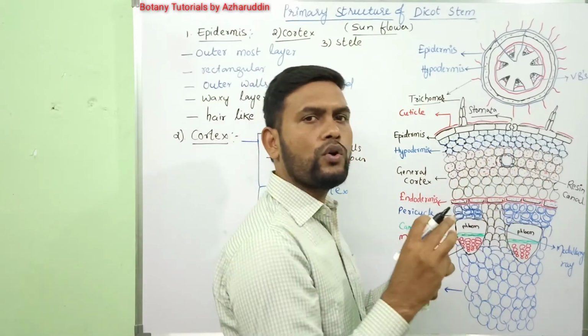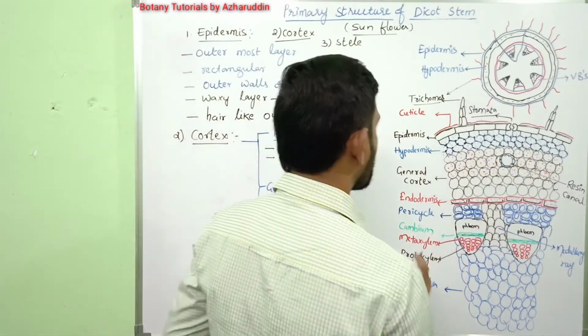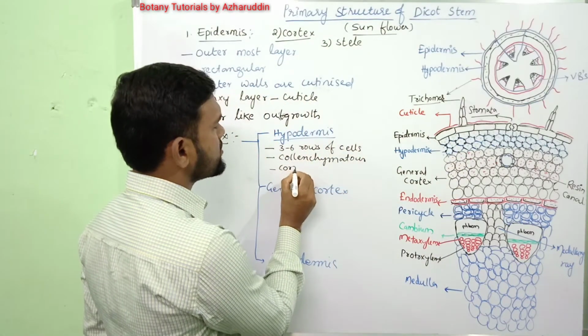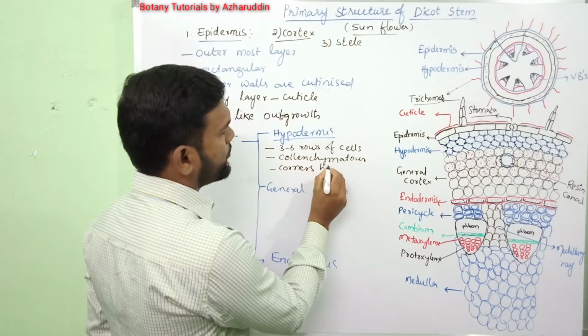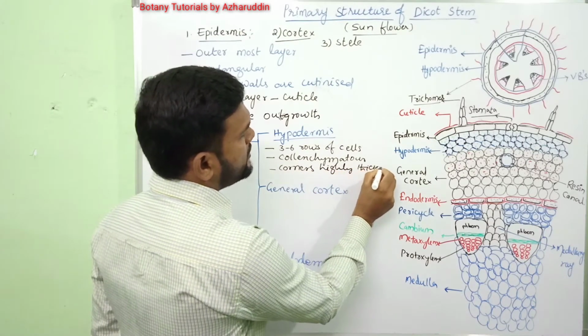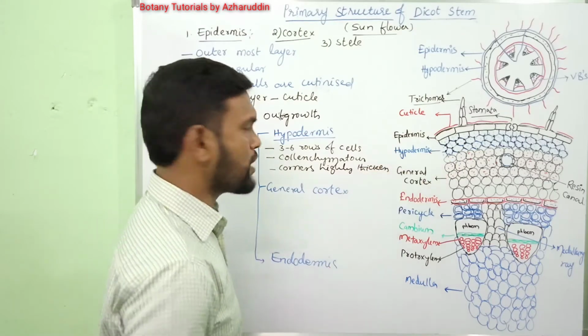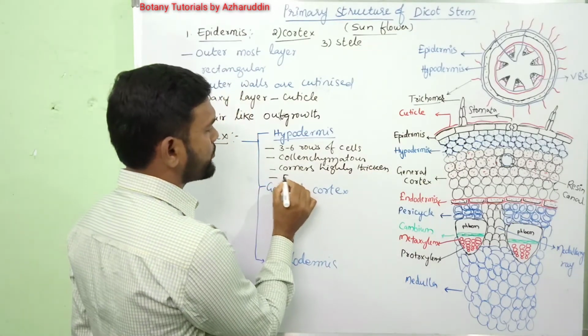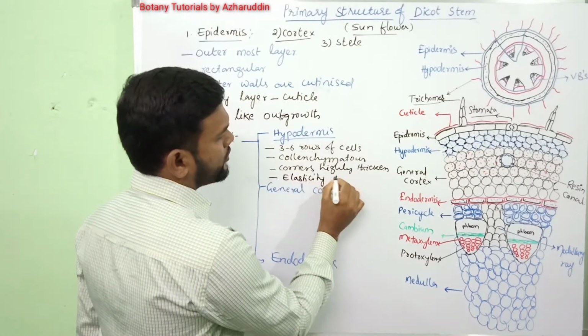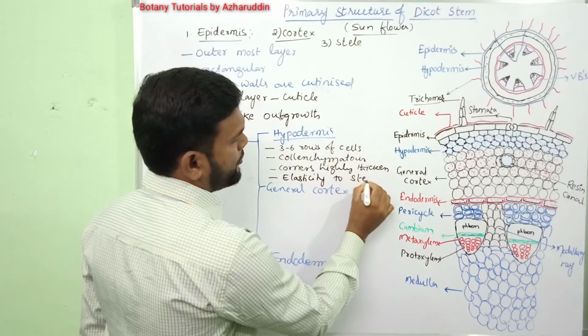There are no spaces between the cells, and their corners are highly thickened, and this hypodermis provides elasticity to the stem.